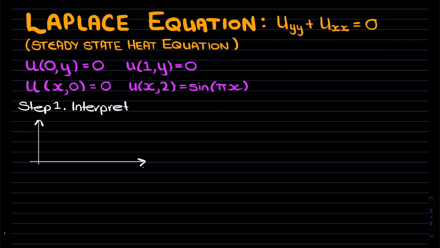So if we call this x and we call this y, we can see that our x ranges from 0 to 1, and our y goes from 0 to 2. This is not to scale at all. I've drawn this really badly.